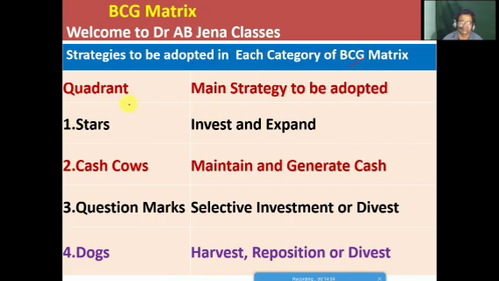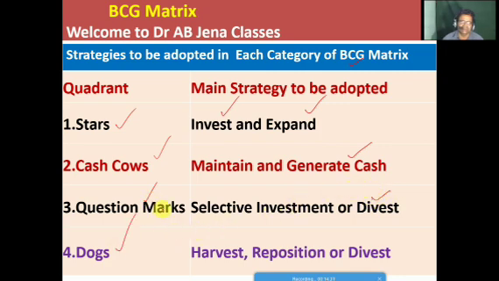In the case of stars, the main strategy is that the business unit or the company will invest more and more for its expansion. In the case of the cash cows quadrant, the business unit or the company maintains and generates cash. In the case of question marks, the business unit will go for selective investment or divest the investment.